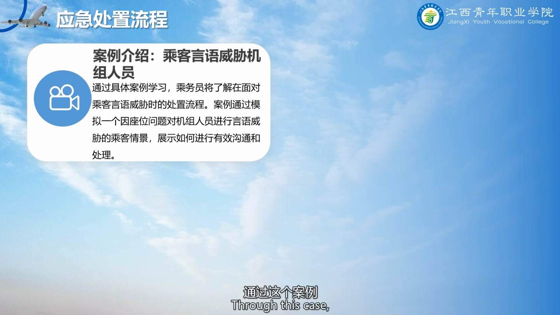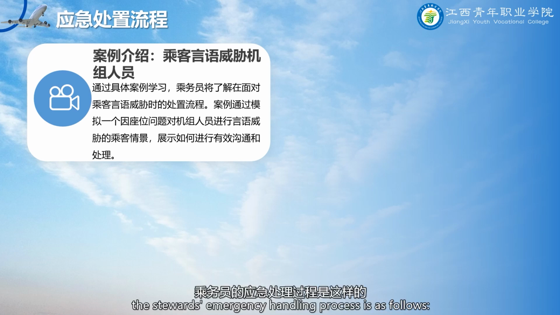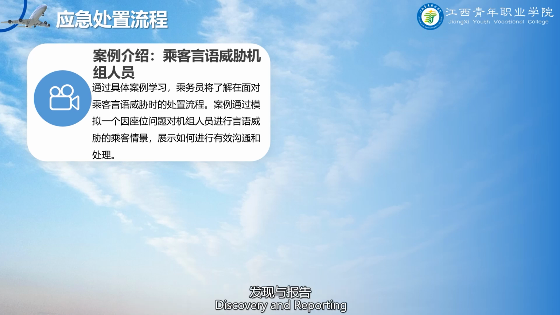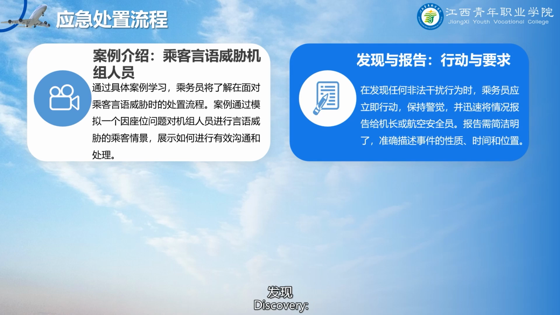Through this case, we can see that, in the face of such interference events, the steward's emergency handling process is as follows: discovery and reporting. Discovery. Stewards should be vigilant at all times and should take immediate action once illegal interference is found.